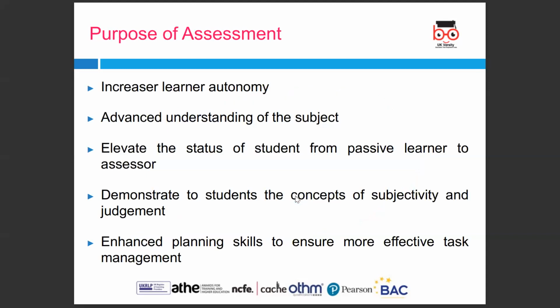self-assessment. Purpose of assessment. It increases learner autonomy and advances understanding of the subject area. It alleviates the status of student from passive learner to assessor, demonstrates to students the concepts of subjectivity and judgment, and it enhances planning skills to ensure more effective task management.